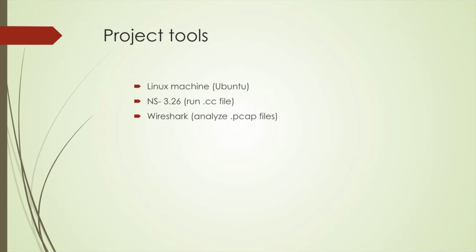Our instructor provided us with a template C++ code to simulate a simple two-node Wi-Fi network that we have run on this NS3 software. And we have played with that code throughout the project to change different parameters of the network, as I will be describing later on. And also I have used Wireshark to analyze the network traffic, or the .pcap files or packet capture files.